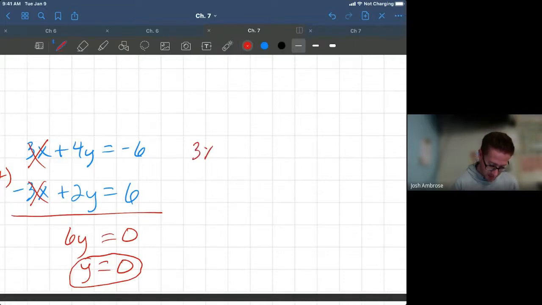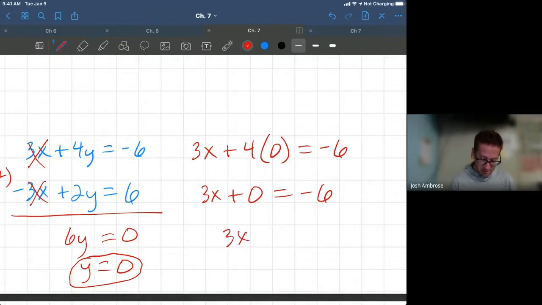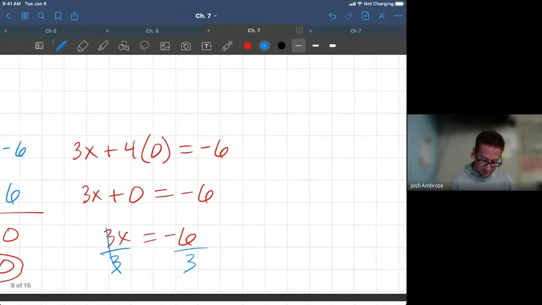So 3x plus 4 times 0 equals a negative 6. All right, 3x plus 0 equals a negative 6, meaning that this is really 3x equals negative 6. Divide both sides by 3. That crosses out. And x equals a negative 2.